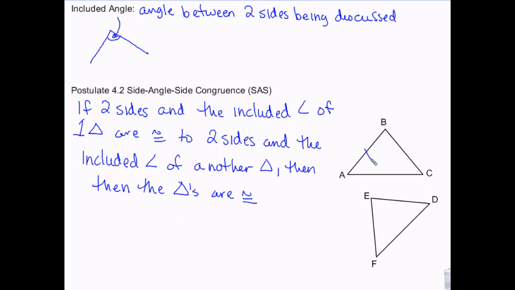So if AB is congruent to EF and BC is congruent to ED and angle B is congruent to angle E, you have side, angle, side, and the triangles are congruent.